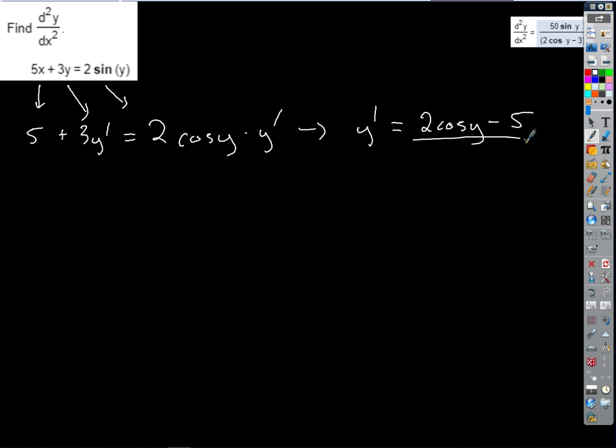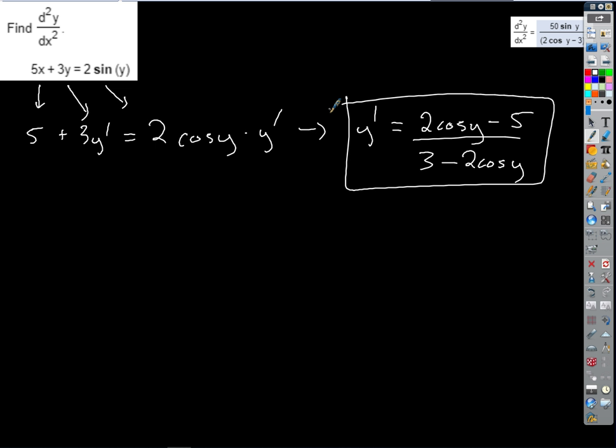Divided by what I get on the left when I factor out a y prime: 3 minus 2 cosine y, since that term got subtracted to the left. Or we could multiply those by negative 1 if we want. Doesn't matter. So there's y prime.